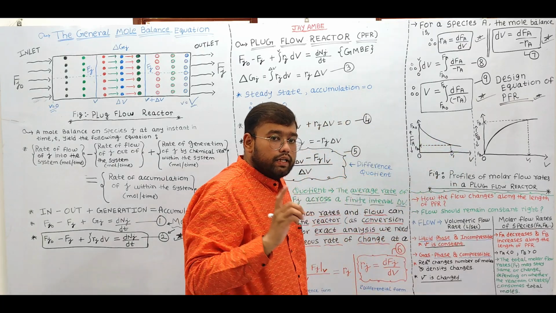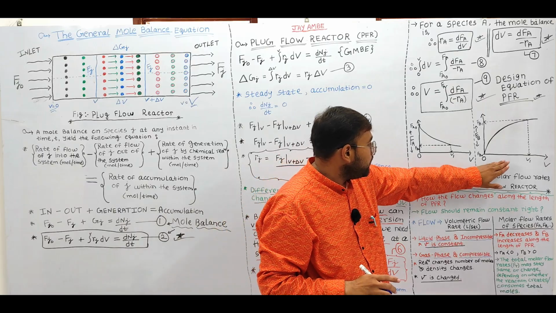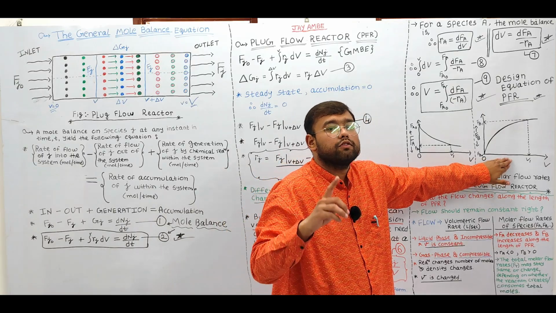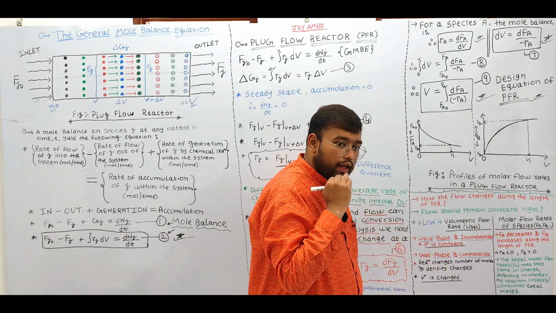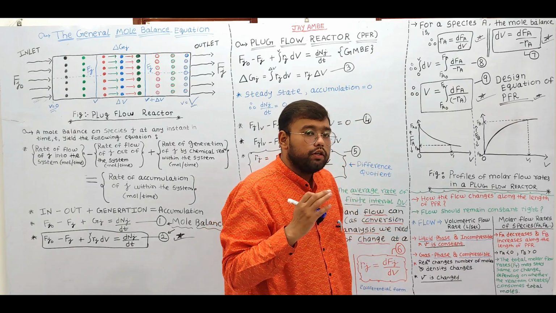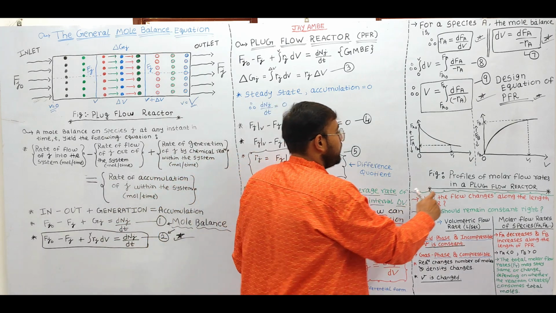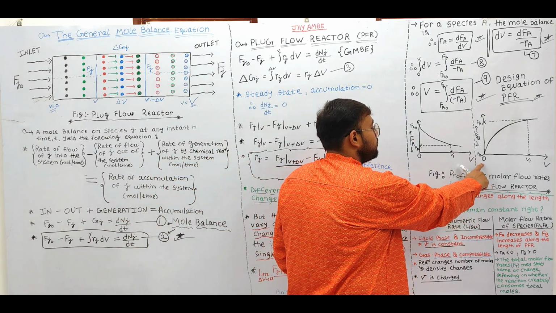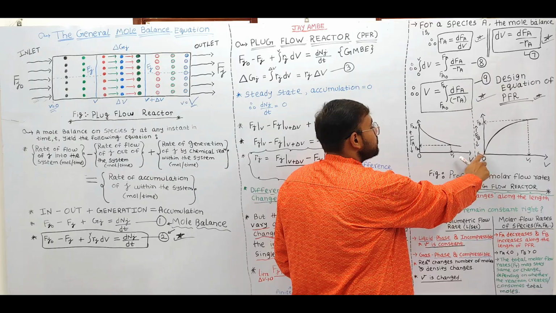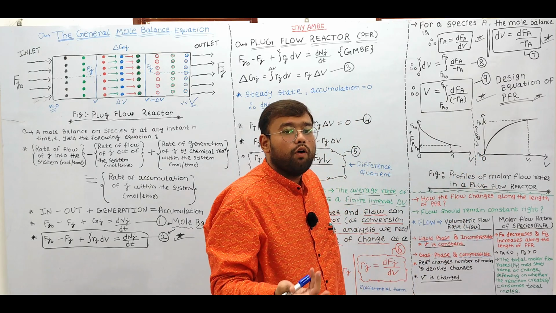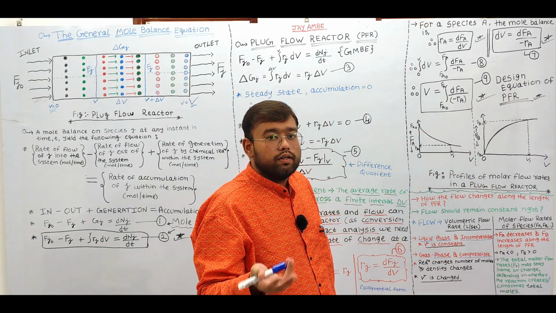Okay, and in the same way, this plot indicates the molar flow rates of product with respect to the length and volume of the reactor. During the progress of the reaction, new products will get generated, right? So let's say at the initial point, V is equal to 0, we have 0 products, right? Product was not formed because the reaction doesn't start.